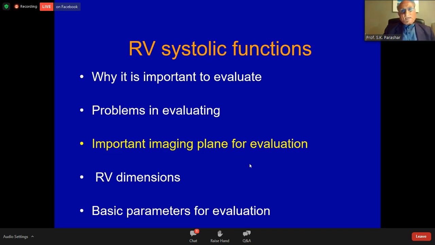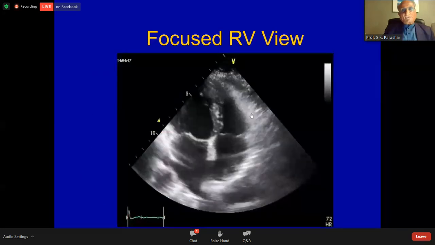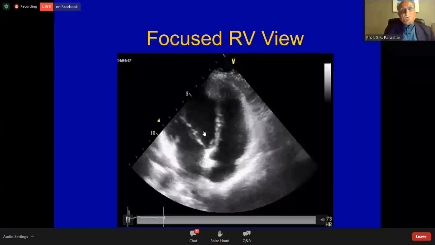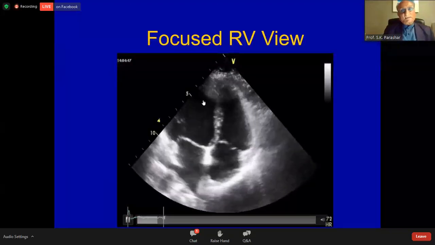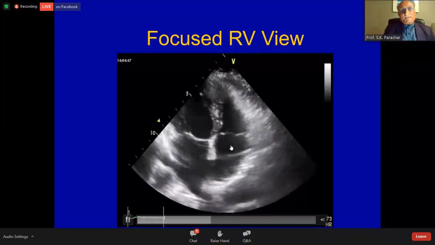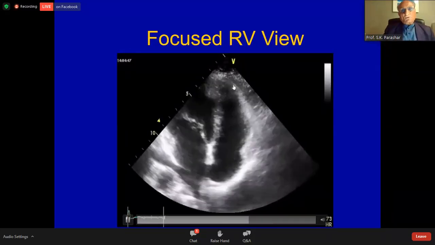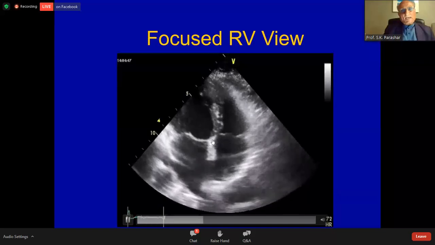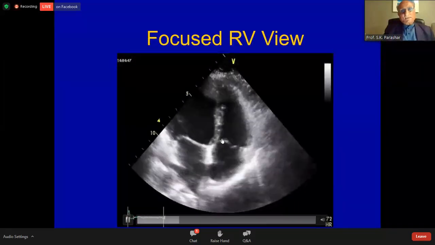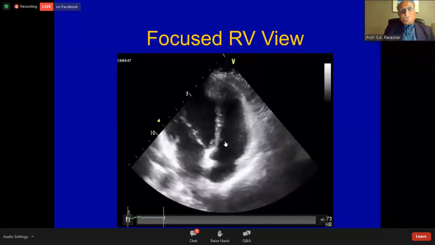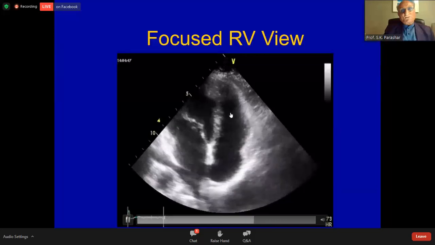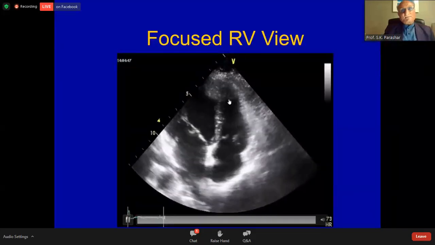But everybody should practice what is known as a focused right ventricular view. This is an apical view in which the left ventricle is partly sacrificed, and the whole of the right ventricle and the whole of the lateral wall is seen, and you can see good motion of the annulus toward the apex, which forms the basis of some of the RV functions. So this is one view which everybody should practice and try to evaluate.